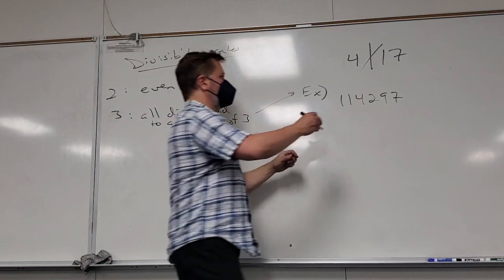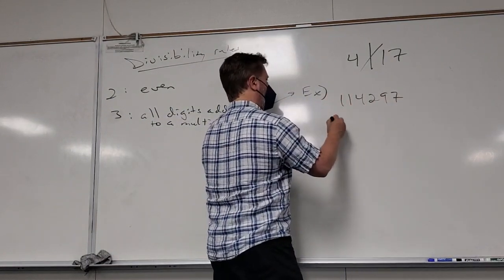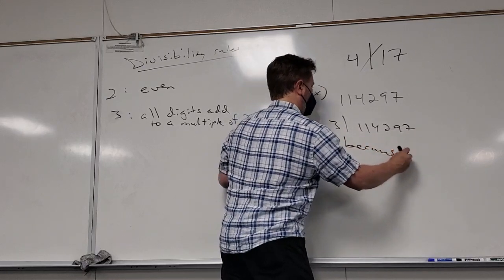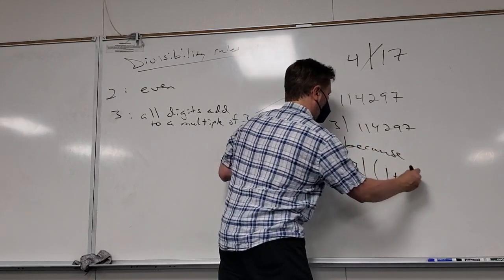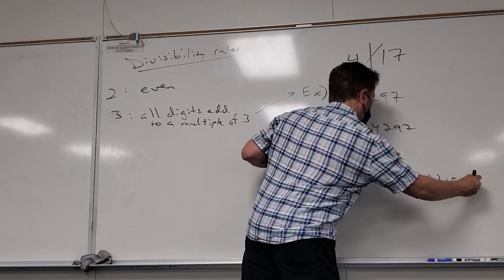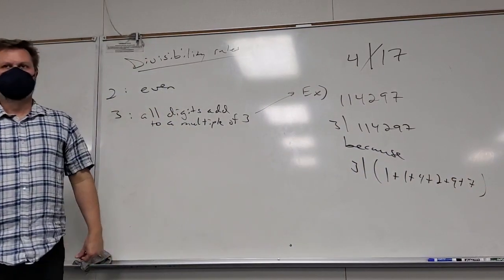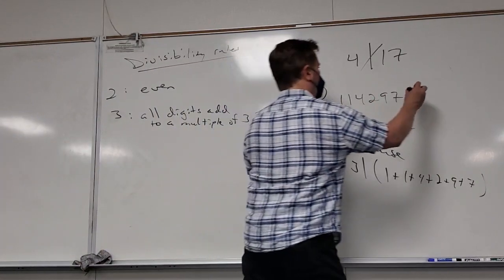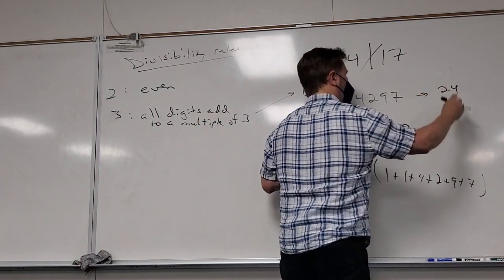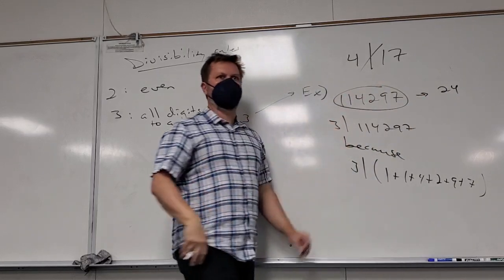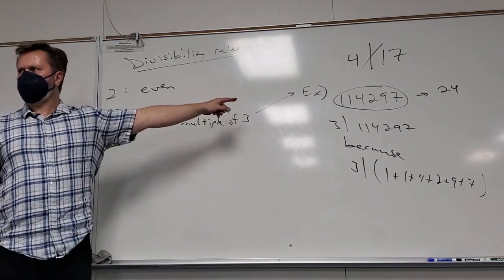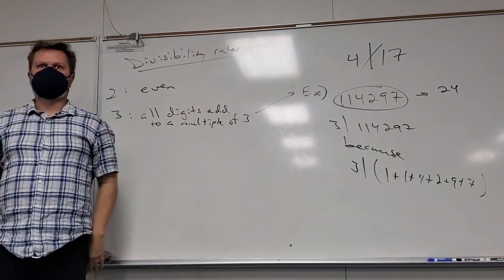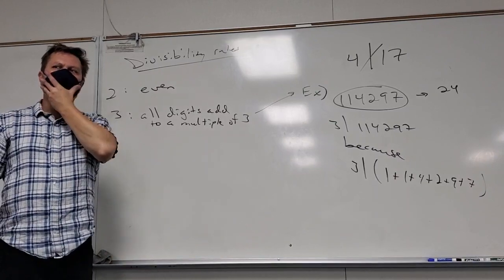Yeah, so 3 divides this number because 3 divides that sum. Or to put it less confusingly, you add these digits, they add to 24. 3 goes into that, so therefore 3 goes into the number. Isn't that crazy? Somebody do that for, what is that? 38,099. Beautiful, no remainder, right? I love it.